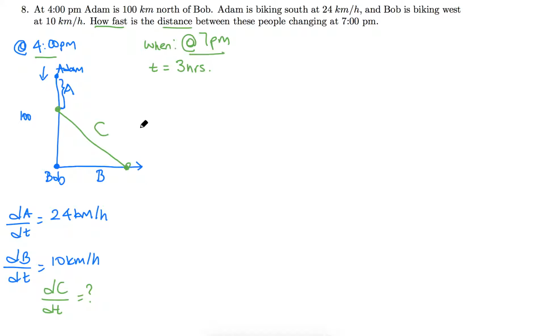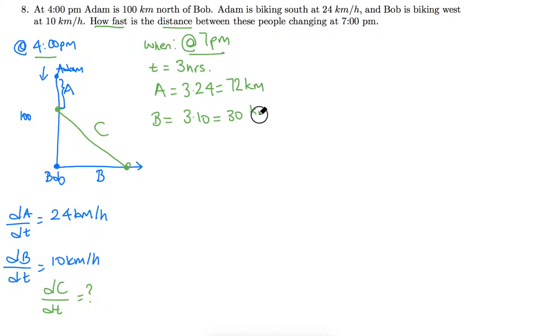Right? And I can see that in 3 hours, Adam traveled 3 times 24, which is 72. Bob traveled 3 times 10, and he traveled 30 kilometers.